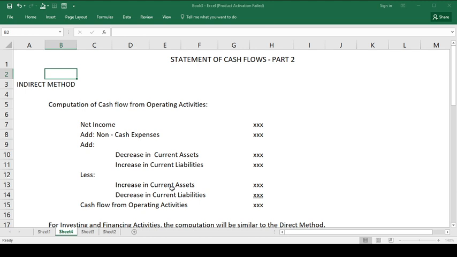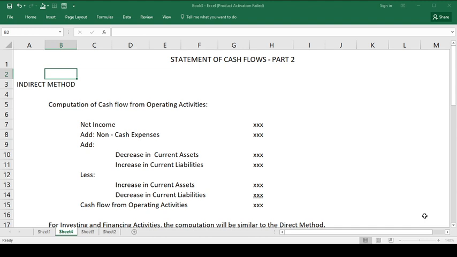So that once we make the computation, we can determine the cash flow from operating activities. Take note, guys, whatever method we use, whether direct or indirect, the cash flow from operating activities will have the same figure.